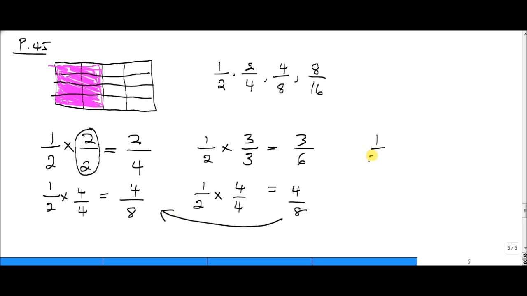Let's try 5. 5 ones, 5, 5 2s, 10. 6. 6 ones, 6 numerator, 6 2s, 12 denominator. So all of these are equivalent.